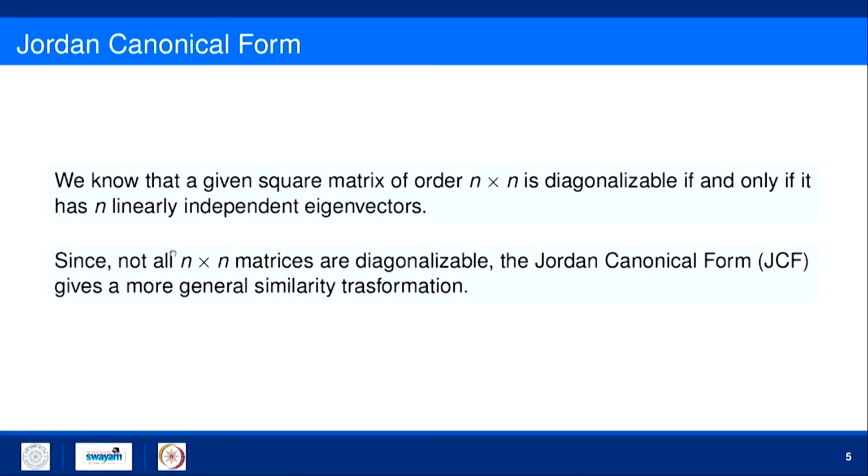So, what we can say is that diagonalization is a special case of Jordan canonical transformation. So, let us understand it with the help of an example.